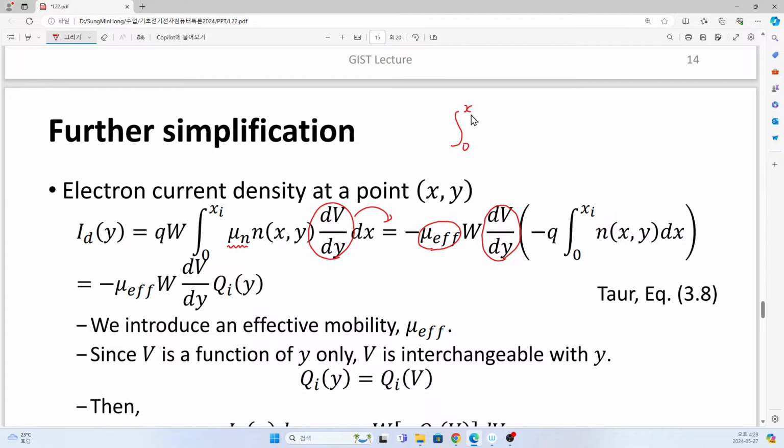We are now assuming that mu n can be a position-dependent quantity, and also n is a position-dependent quantity, and we make this one-dimensional integration, but that is approximated as an effective mobility in front of this integration.